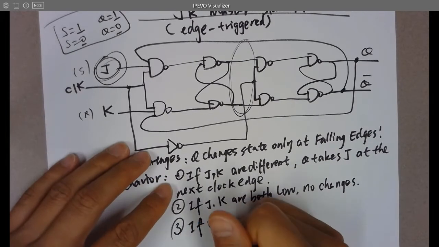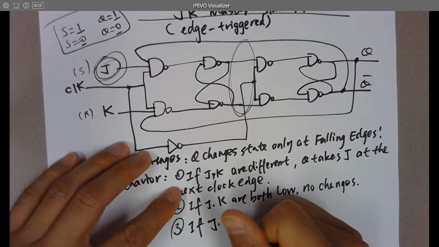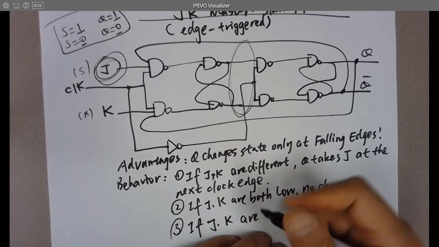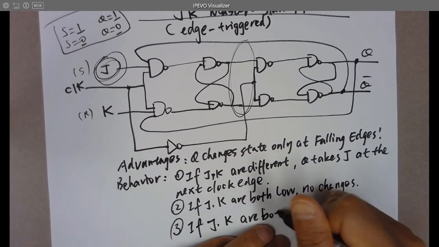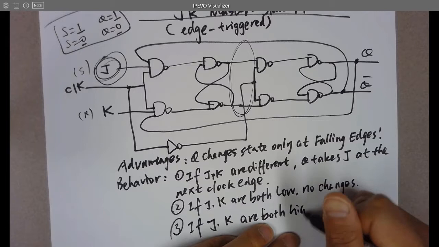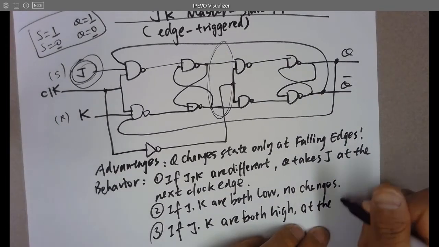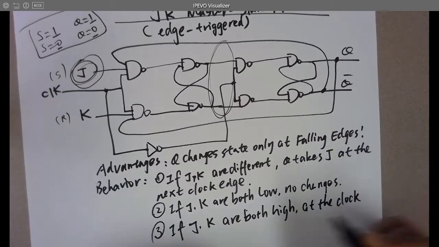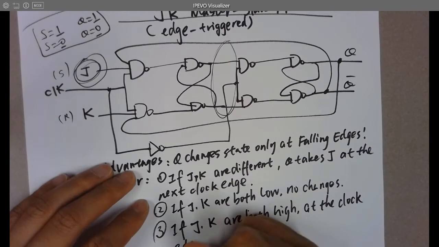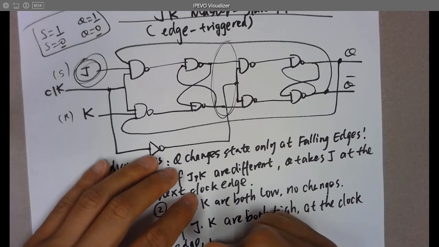The third one: if J and K are both high at the clock edge, it toggles.